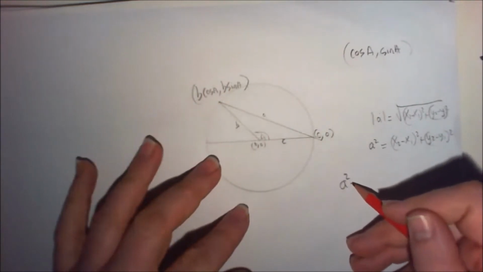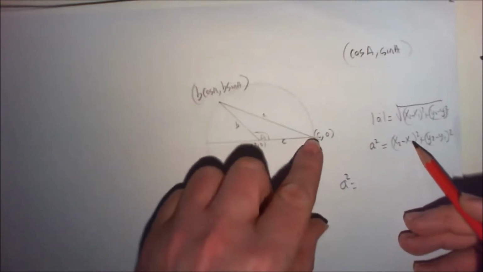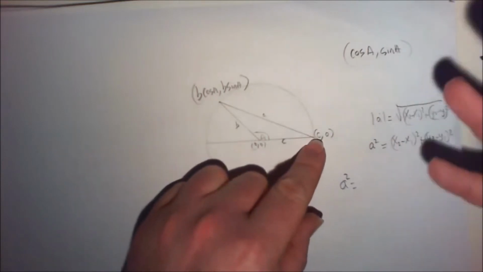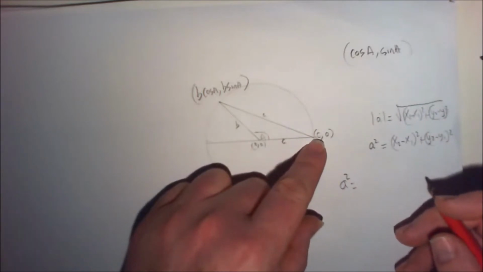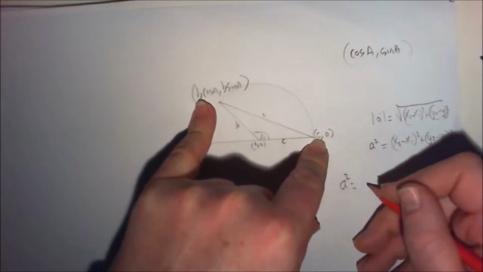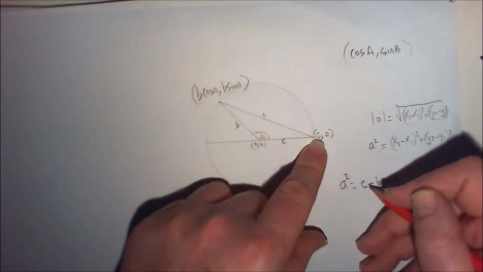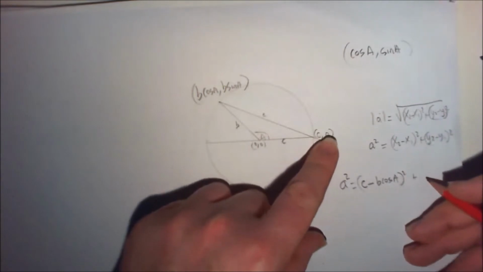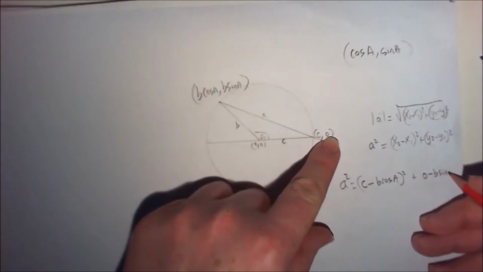So A squared is going to be equal to x2 minus x1. You can do this any way you want. C is x2 and that is x1. So (C minus B cos A) squared plus (0 minus B sine A) squared.